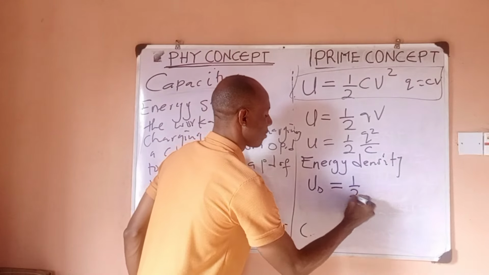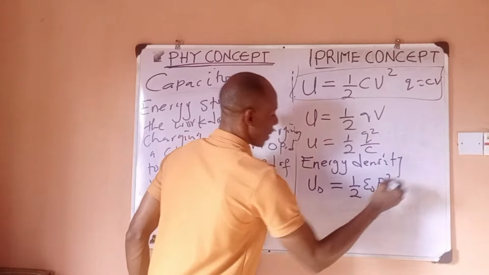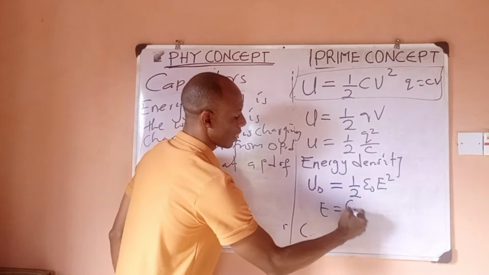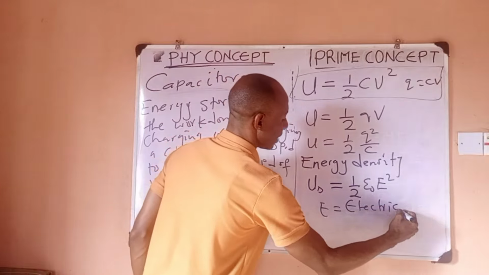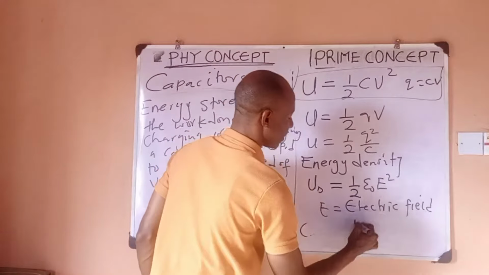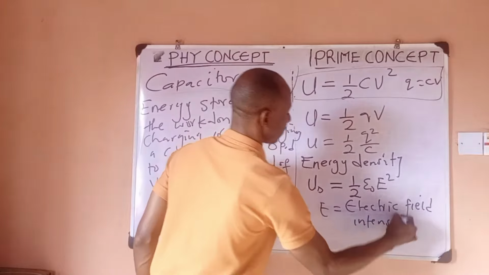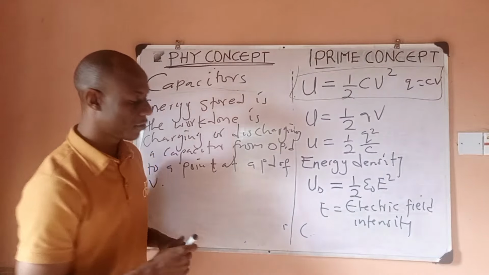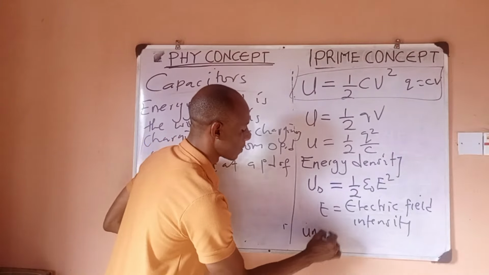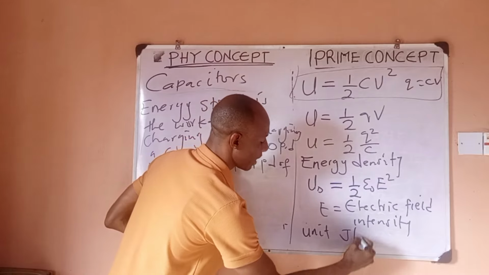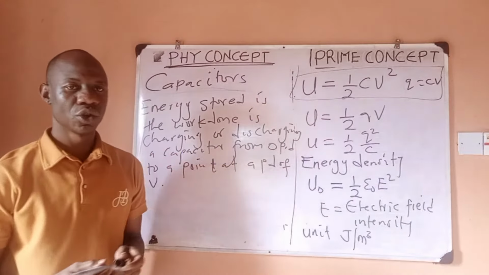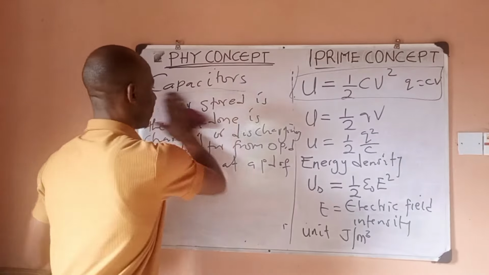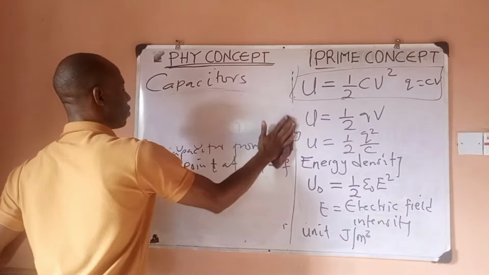Energy density is half epsilon naught E squared, where in this case, E is what you know as electric field intensity. So that is the formula for energy density. What is the unit of energy density? The unit is joule per meter cube. That is the unit of energy density. So these are formulas you should know also.